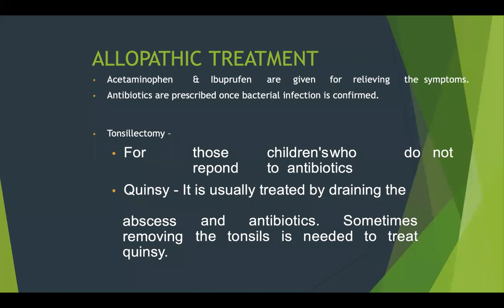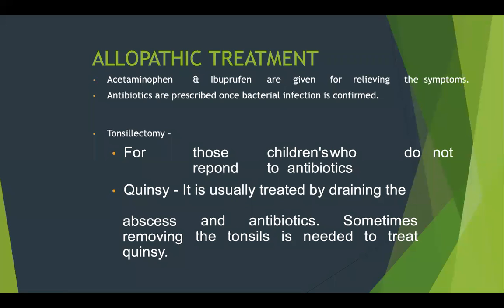Then antibiotics are prescribed once bacterial infection is confirmed. When there is a bacterial infection, you can add different types of antibiotics. Then they go for tonsillectomy. As I told you, ectomy means removal of that organ.